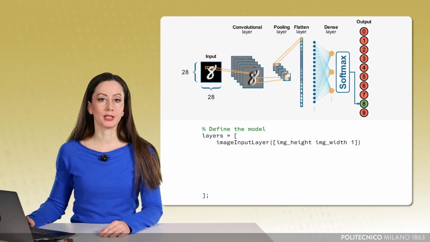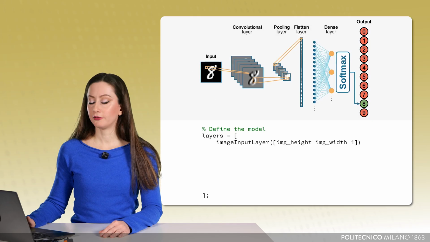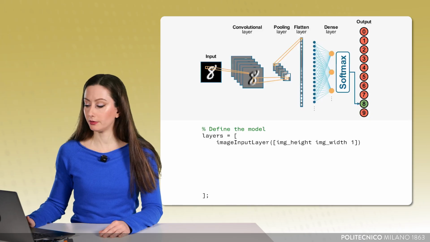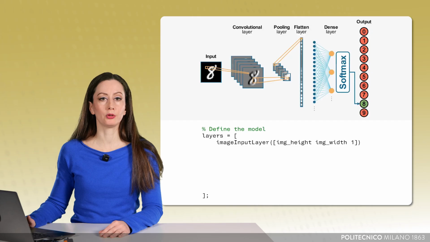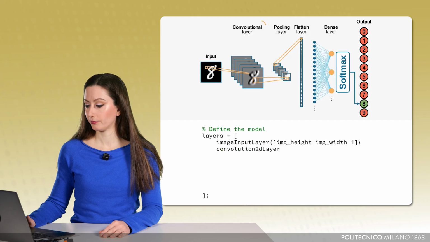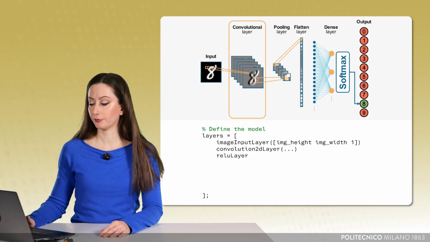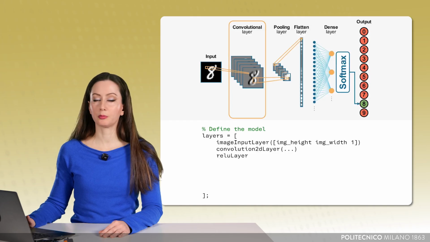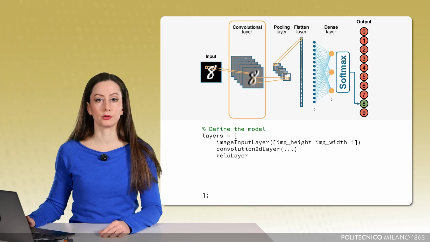In this case, the size is 28 by 28 pixels times 1 color channel. The following convolutional neural network layers are defined using functions provided by the MATLAB Deep Learning Toolbox. We have convolution 2D layer to define the convolutional layer, and its activation function is applied separately by the function ReLU layer, which follows convolution.